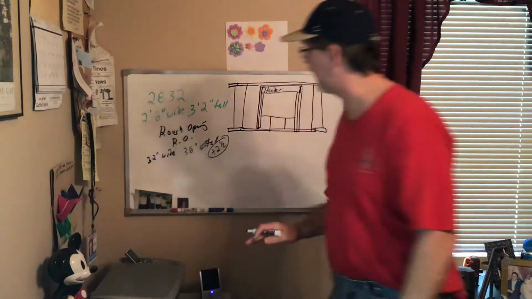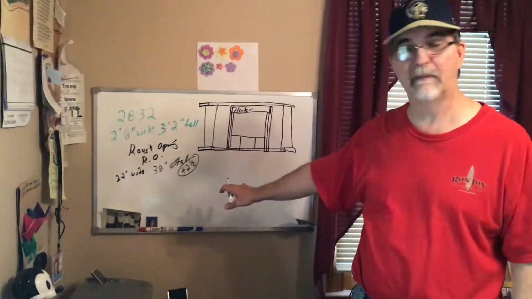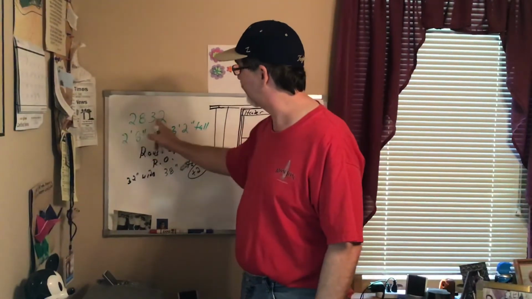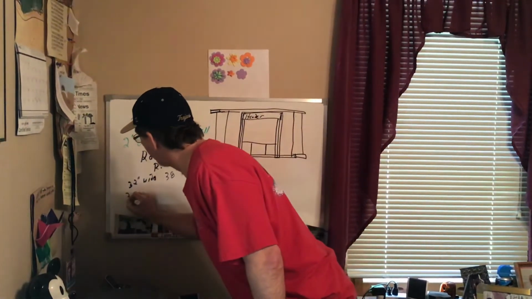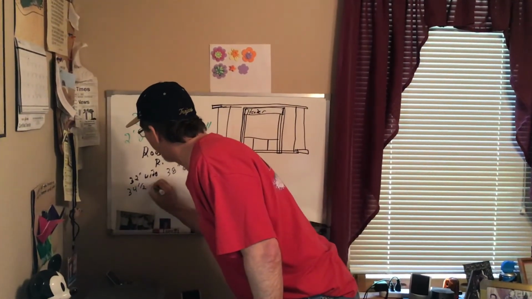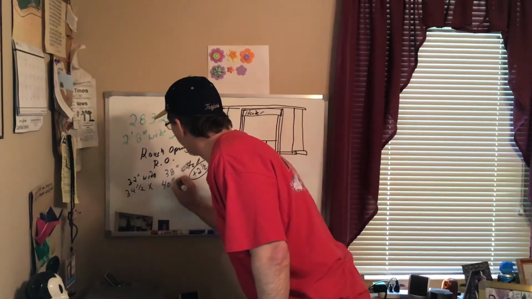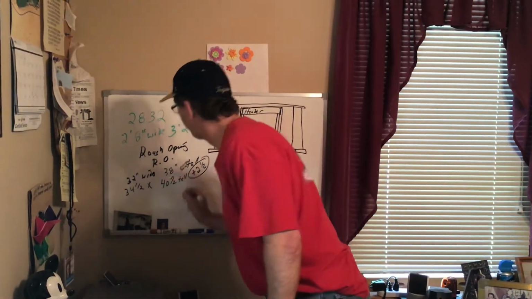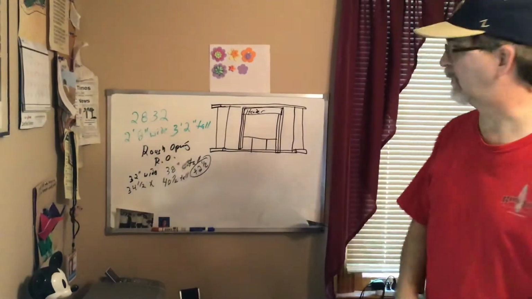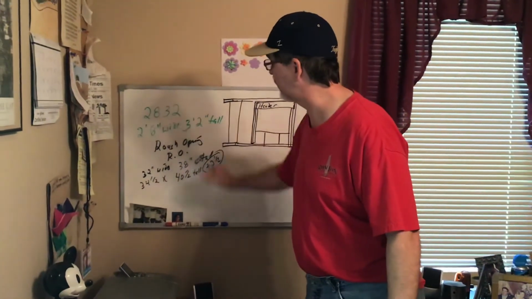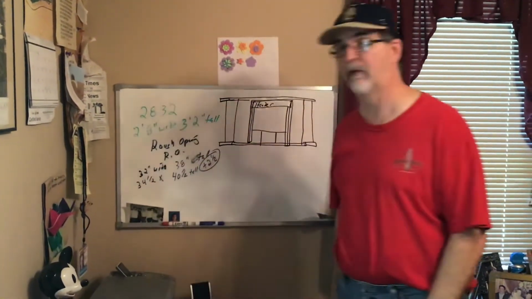If you'll read that, you'll understand where that 2.5 inches comes from. So the rough opening for a 2832 is 34.5 wide and 40.5 tall. You have now decoded a 2832 and determined a rough opening.